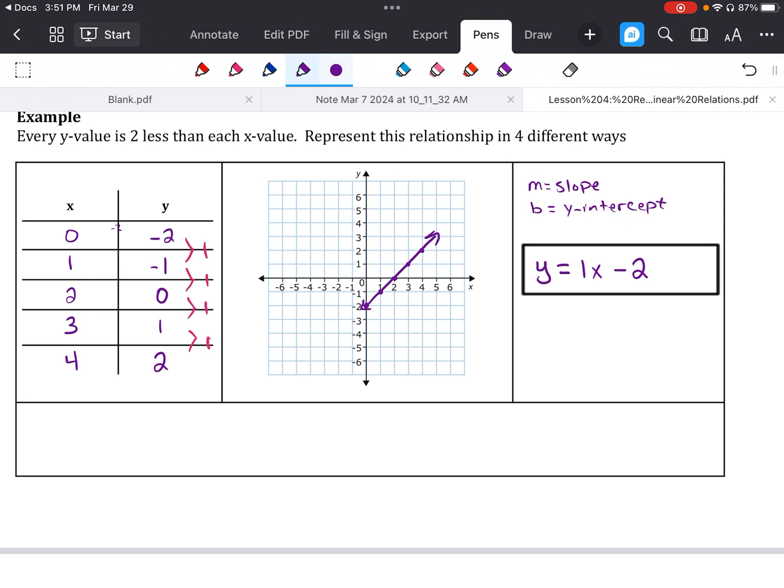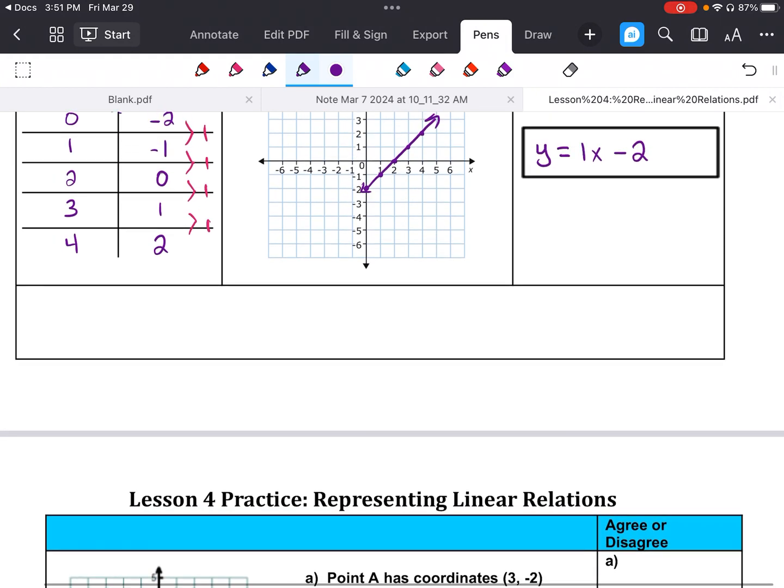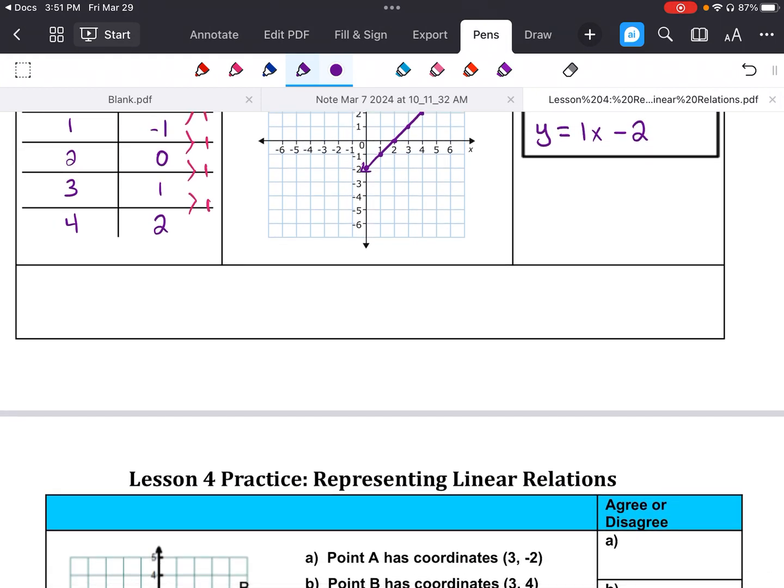So, for example, after the first period, the hockey team is down by 2 goals, but every period after that, they score another goal. So they're starting at -2 and they're gaining 1 per period.